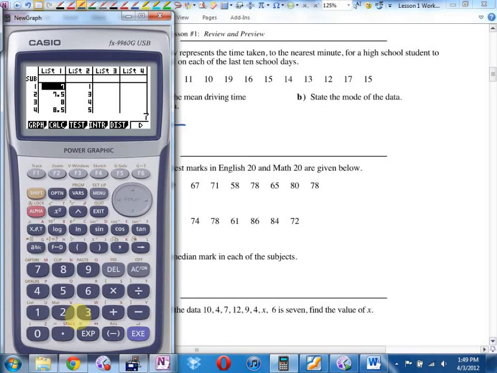Why wouldn't I just go, get your graphing calculators out, press exit until you're back to here. Delete this list, delete all, and then go back to list 1.